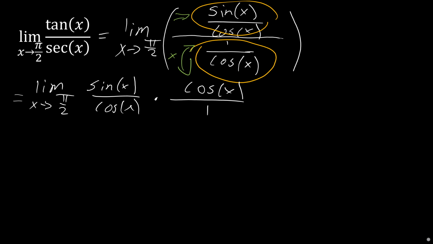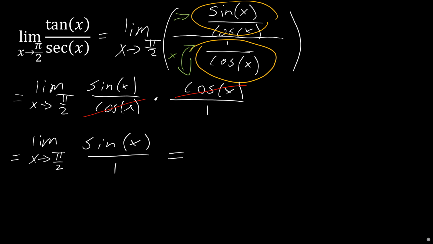And then from here, we'll notice that since everything's being multiplied, we can cancel out the cosines, because one is on the top of the fraction and one is on the bottom, which is great. So this equals the limit as x approaches pi over 2 of sine of x over 1. So here we can substitute.